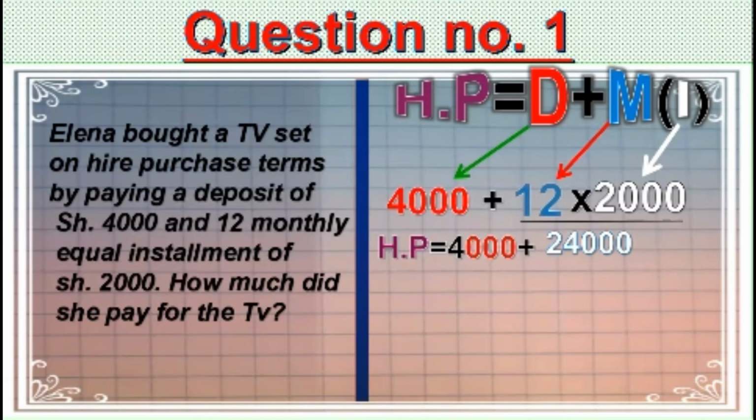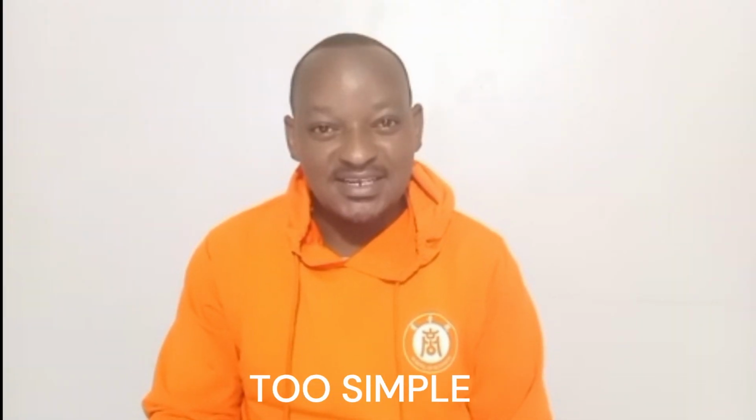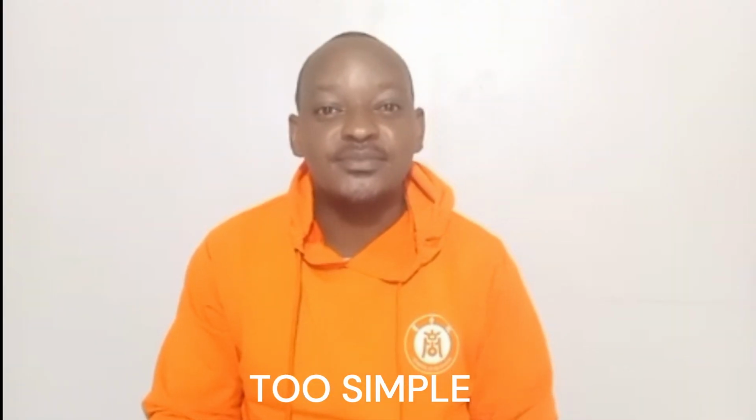So the hire purchase price will be the sum of 4,000 and 24,000. So the total pay would be 28,000, and that is the answer. Simple. Let's go to question number 2.